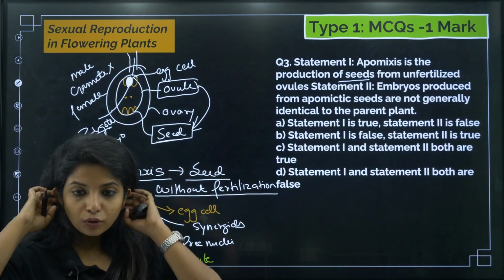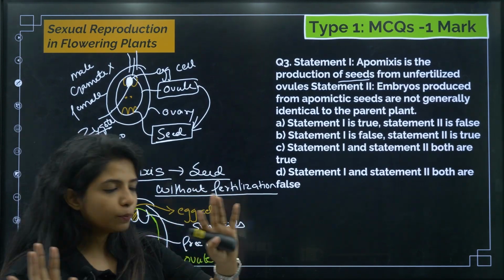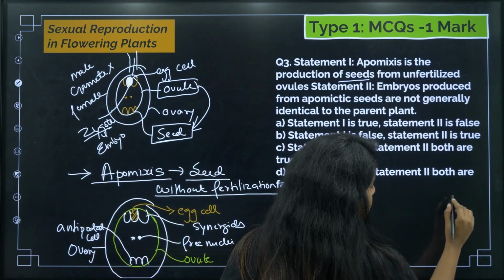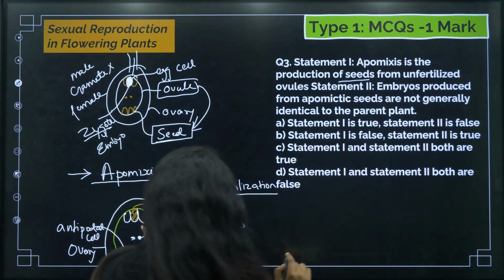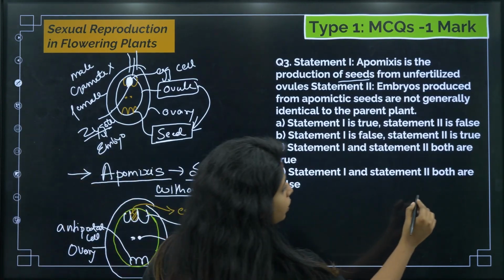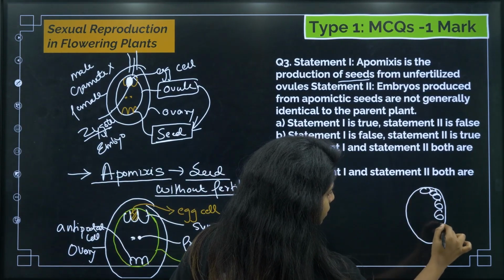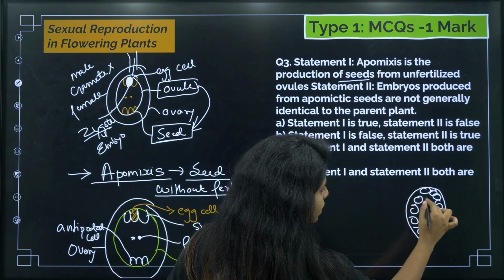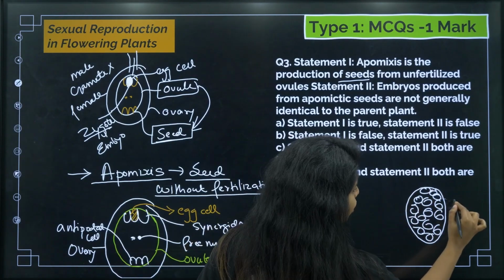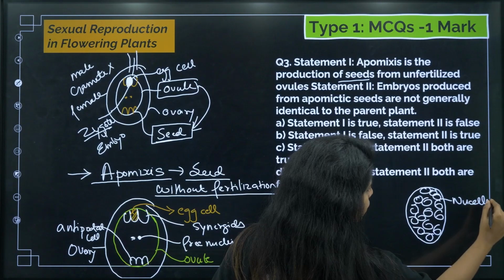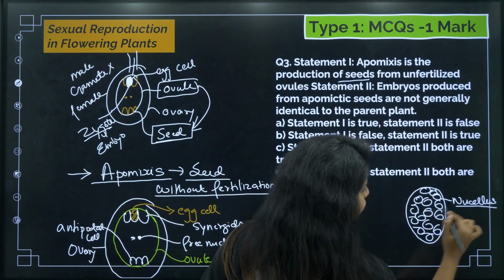Okay, usually, not exactly the result of meiosis. Basically, initially this particular ovule looked like this, where you had so many cells, and all the cells you called nucellus.